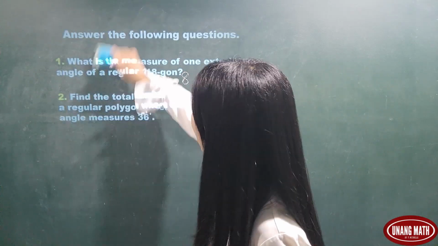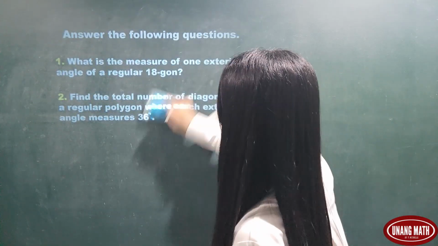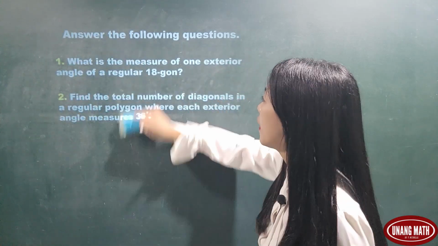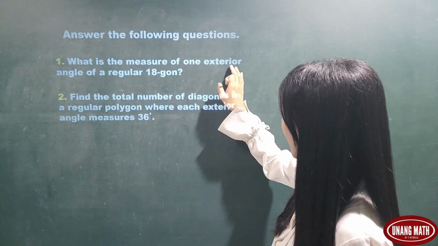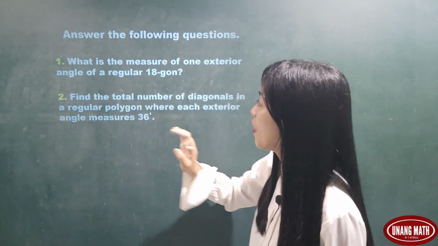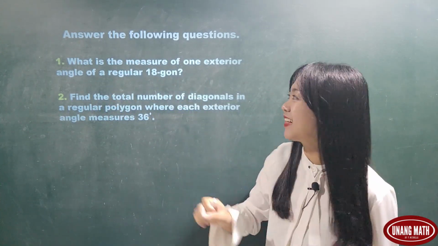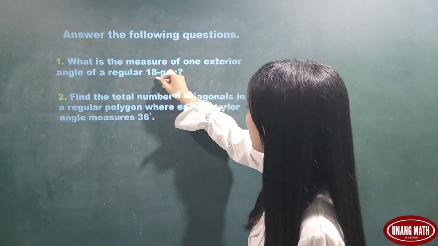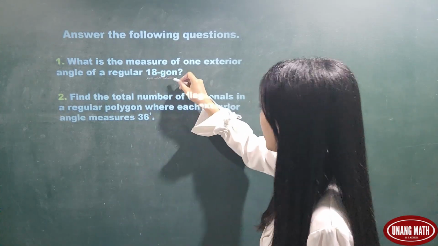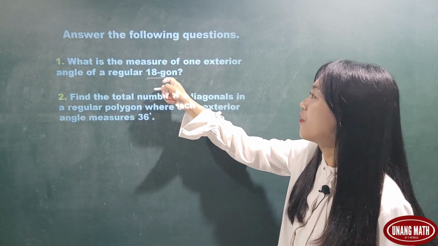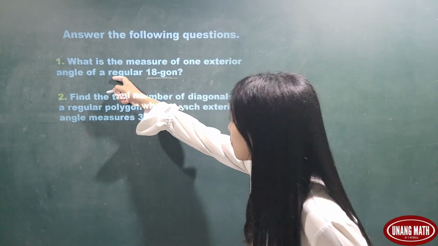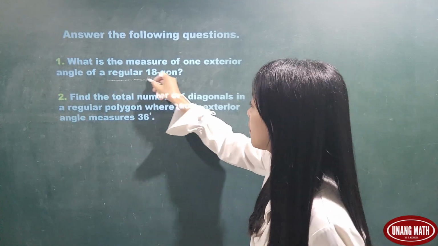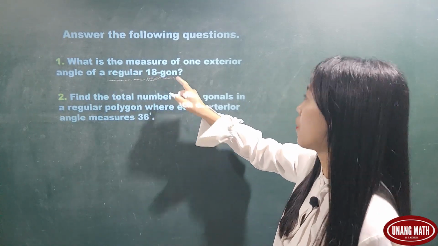Now, let's answer this simple activity. First one is, what is the measure of one exterior angle of a regular 18-gon? That means this polygon has 18 vertices. Take note, this is a regular 18-gon.